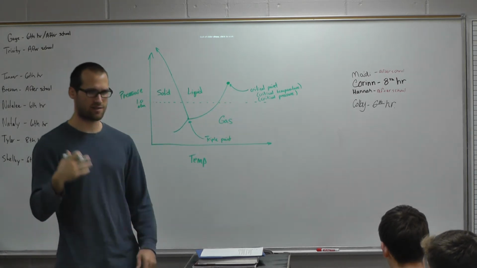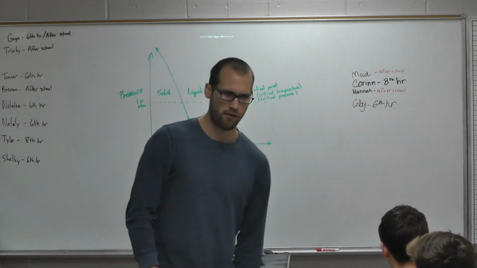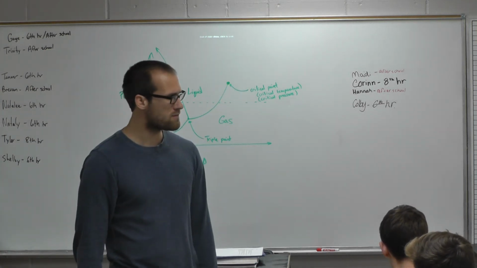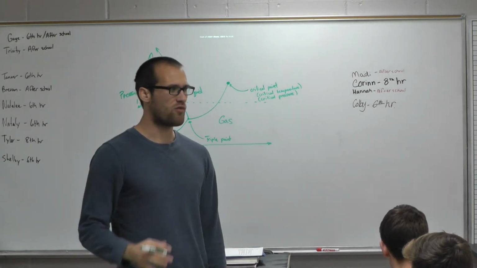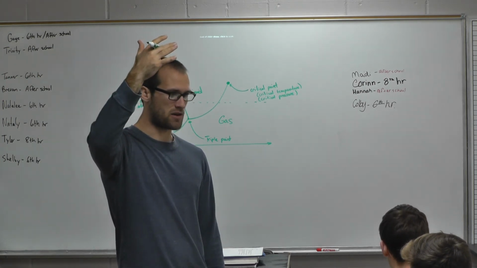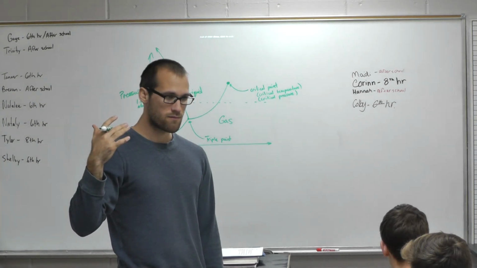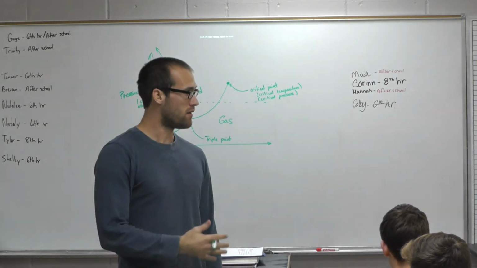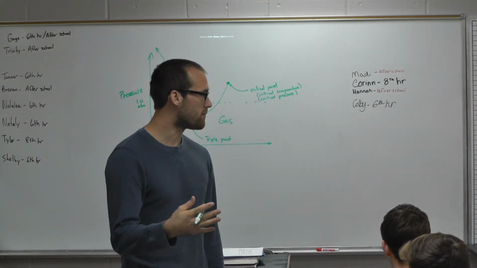And that should make sense because boiling occurs when what equals what? The vapor pressure equals the atmospheric pressure. So if I'm increasing the atmospheric pressure, I'm going to have to increase the vapor pressure. What do we know increases the vapor pressure? Temperature. More temperature, more evaporation, more vapor pressure.